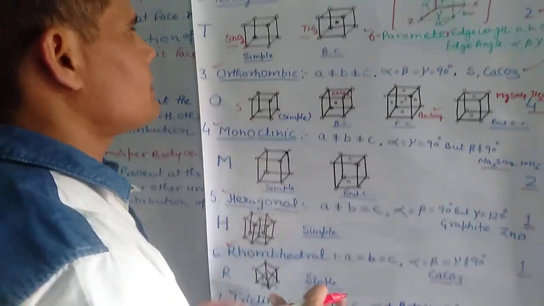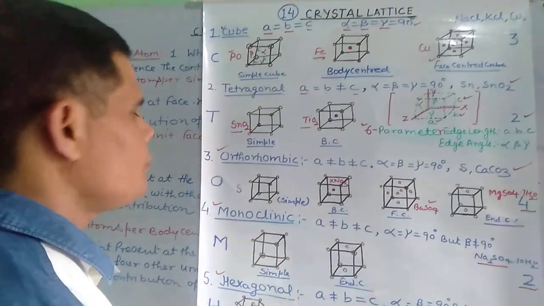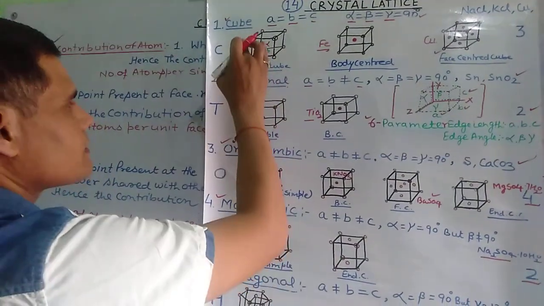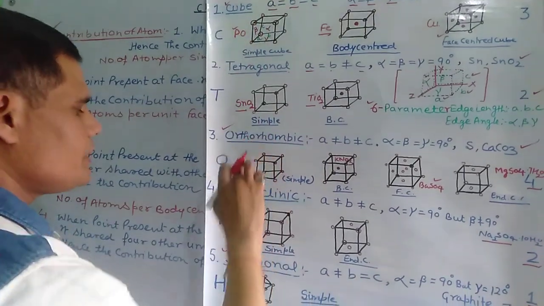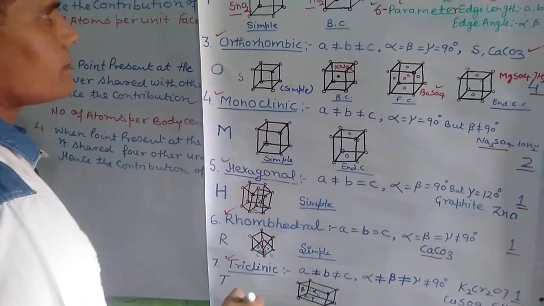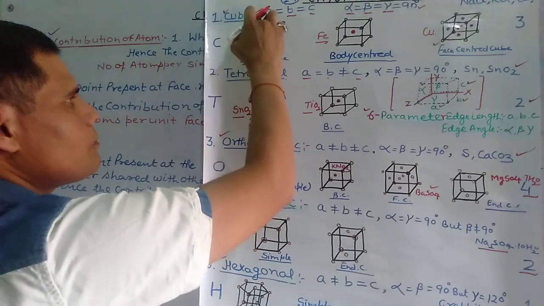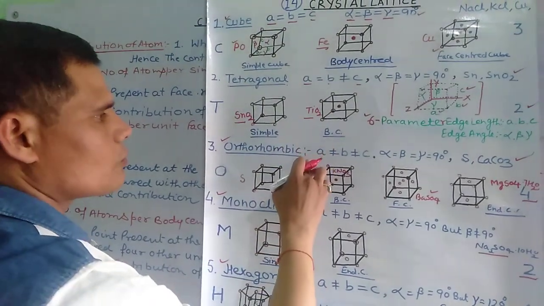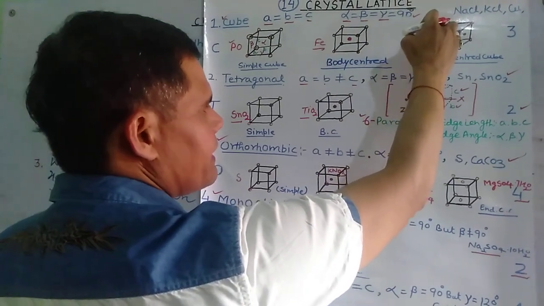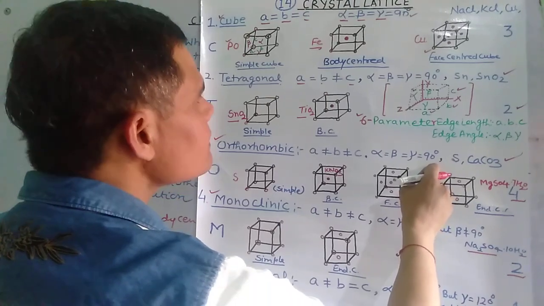I want to say there is a simple way to learn the 7 types of unit cells. We first take the first alphabet of each unit cell: CTOMHRT. Then you can see, in the first three, cube, tetragonal, orthorhombic, alpha equals beta equals gamma equals 90 degrees. This can be the best way to learn this.